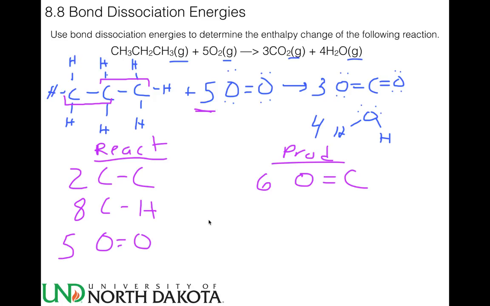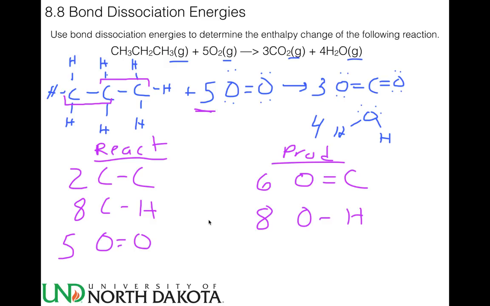We have 4 waters. Each has 2 OH bonds, and so that means we have a total of 8 oxygen-hydrogen bonds. So here is how many and what type of bond we have: 2 carbon-carbon bonds, 8 carbon-hydrogen bonds, 5 oxygen-oxygen double bonds, 6 oxygen-carbon double bonds, and 8 oxygen-hydrogen single bonds.